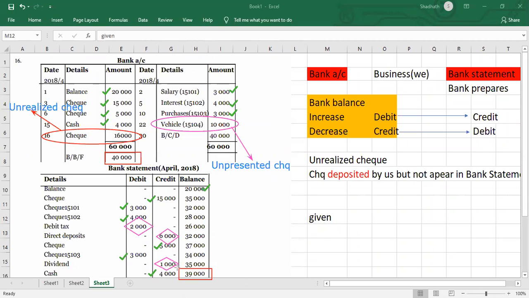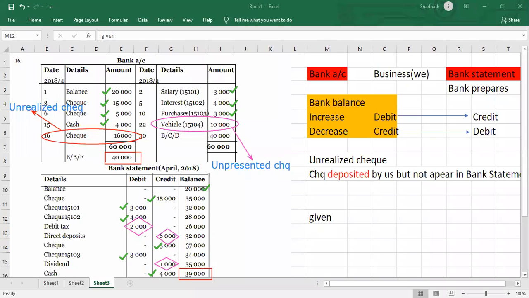These three entries are not ticked. What does that mean? These three entries are not recorded in the bank account.